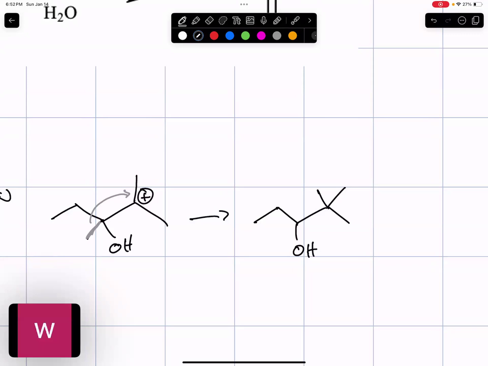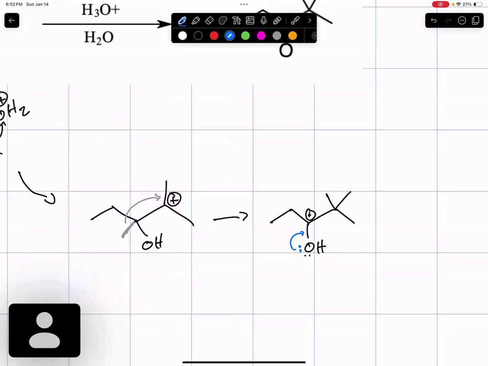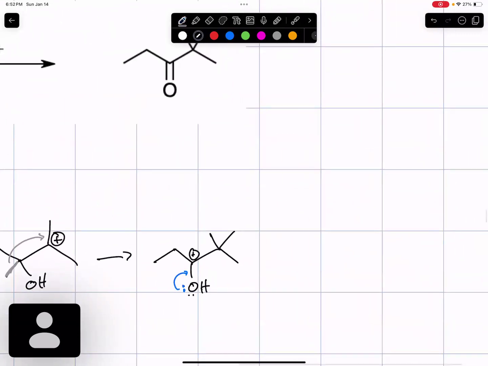The charge, right? I'm missing a charge here. This is a tertiary carbocation with resonance. And how do I form that carbonyl? How do I form that pi bond? Move one of the lone pairs to form the pi bond. So that lone pair in blue forms that pi bond, that carbonyl group.